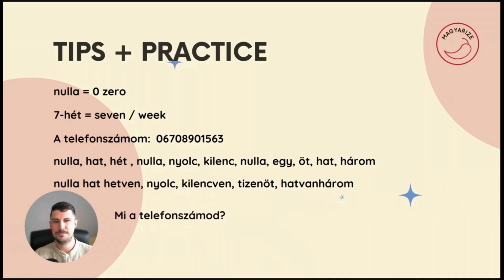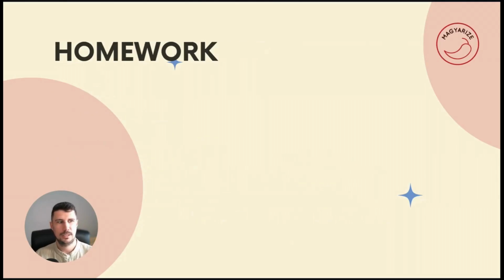And to practice more, I would like to ask you, mi a telefonszámod? What is your phone number? So write it down with numbers, then write it down by words to practice the numbers, and there will also be a downloadable PDF to practice more numbers. That will be your homework. So please write down the numbers from 1 to 100.